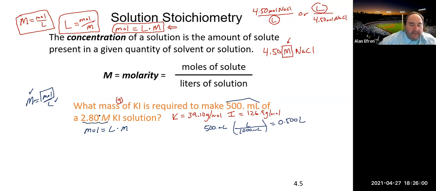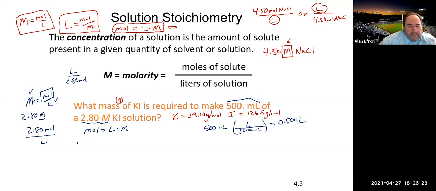As I mentioned before, I would take the molarity here and get rid of the big M and convert it into a conversion factor and go moles per liter. Again, we could use it in this form if we needed to. We could flip it around and also use it in this form as well.